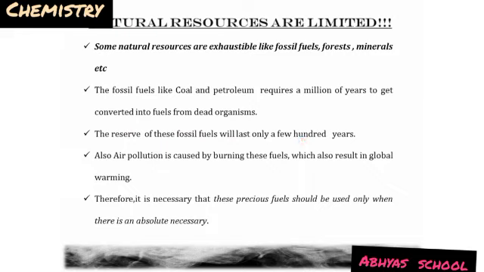That is because of the high demand of such fossil fuels, there will be a scarcity of resources in the future. And because of burning of these fuels, air pollution is also caused, and as a result, global warming. Therefore, it is necessary that these precious fuels should be used only when there is an absolute necessity.